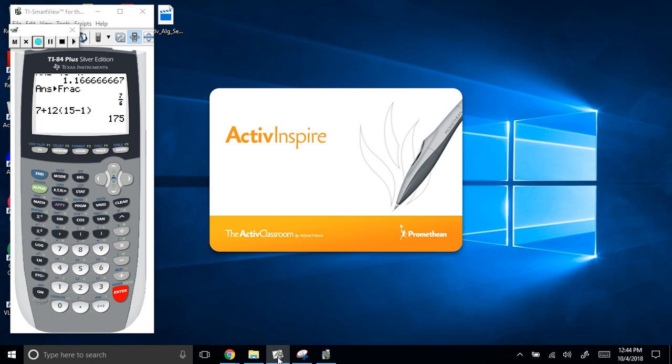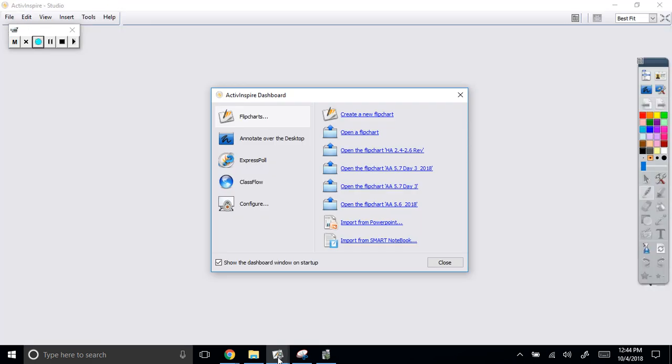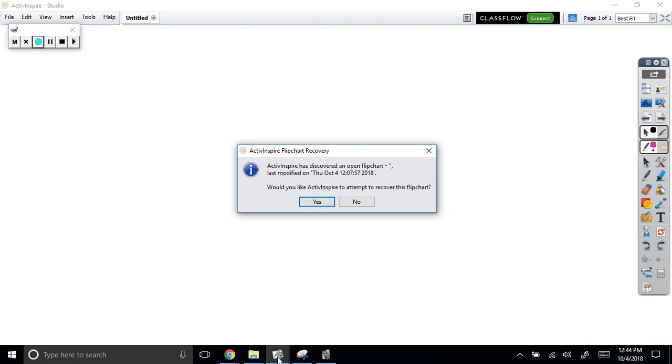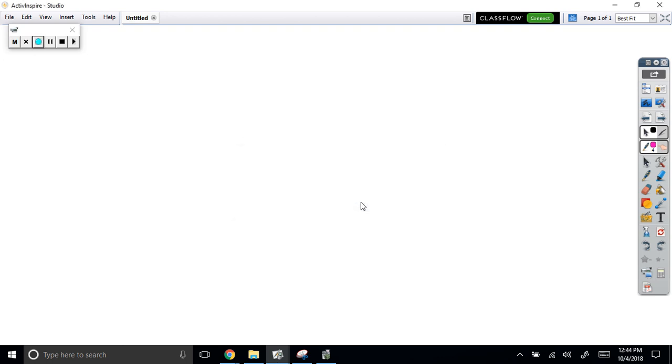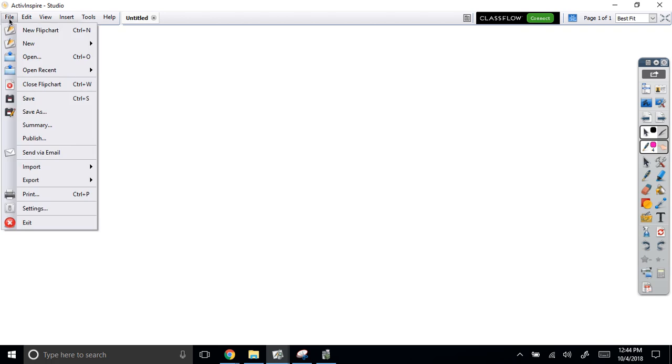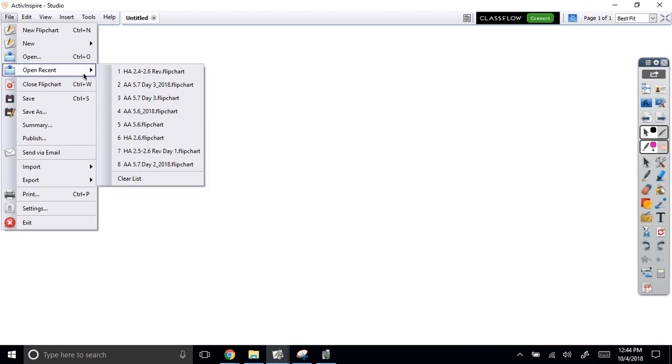I don't understand how the recording can still be recording if it records through ActiveInspire. We'll see if the video actually works again.